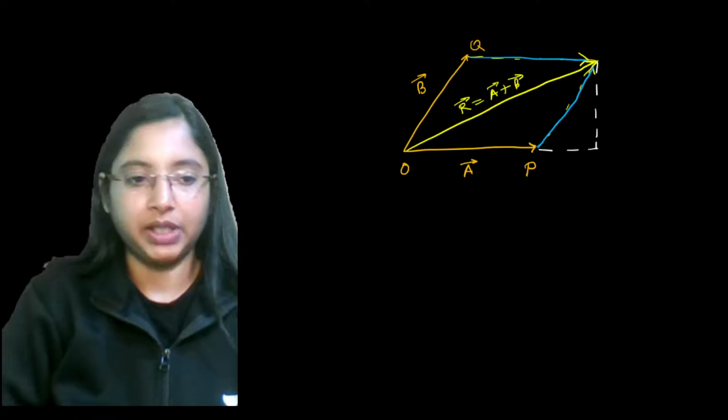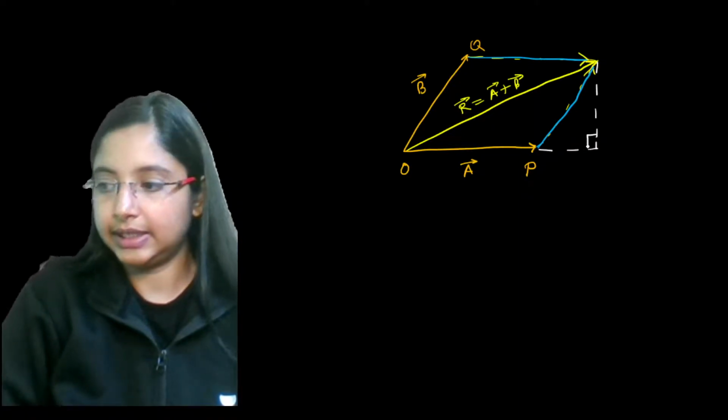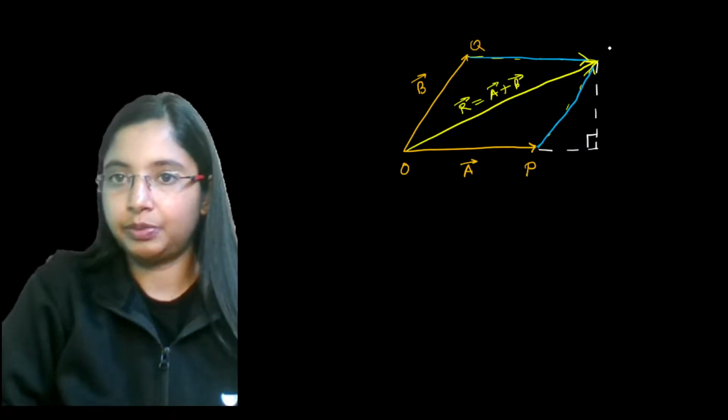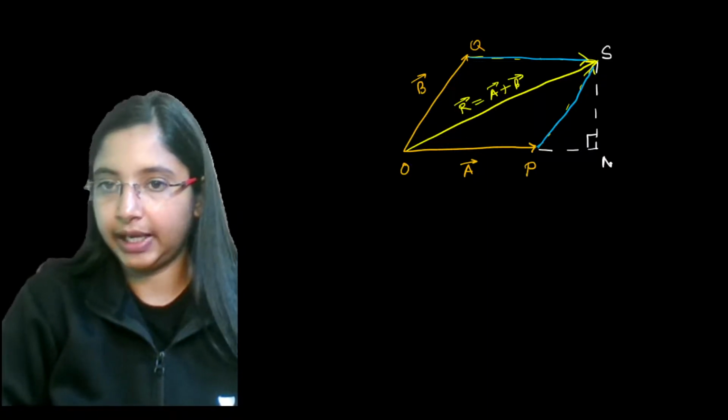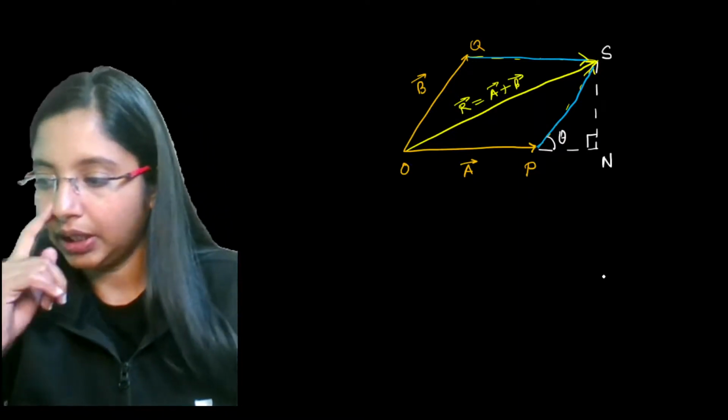Now if you're taking the perpendicular here, this is a 90-degree angle, so let's say this point is S, and let's say this point is N, and this one has an angle theta.